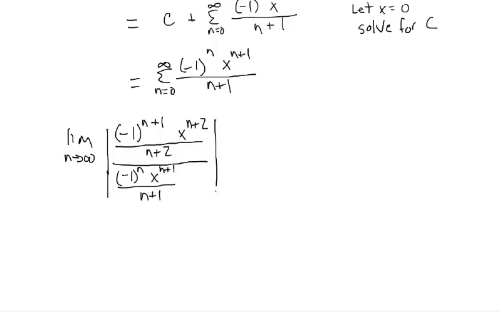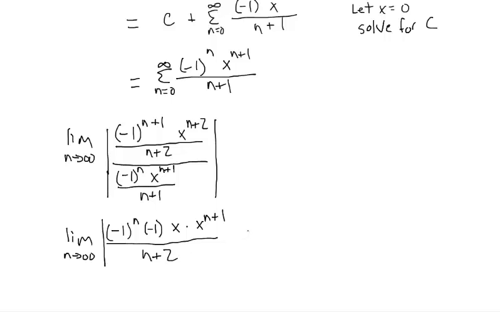And now I'm going to rewrite this as a multiplication instead of division, and I'm going to rewrite some of my factors. So I have the limit as n goes to infinity of negative 1 to the n times negative 1. And then I'm going to rewrite x to the n plus 2 as x times x to the n plus 1 divided by n plus 2 times n plus 1 divided by negative 1 to the n x to the n plus 1.